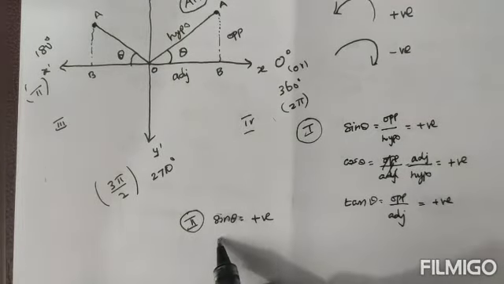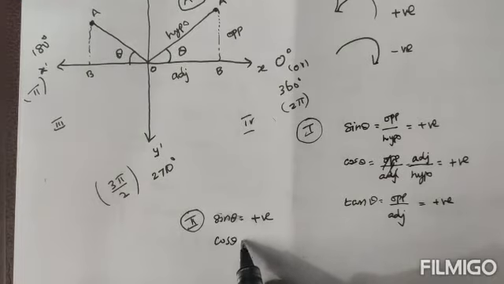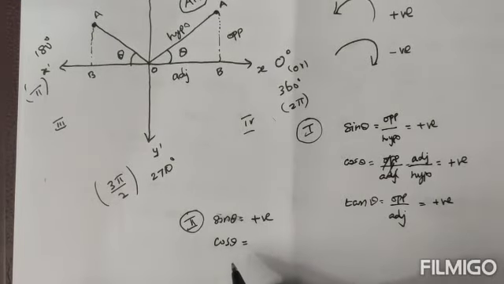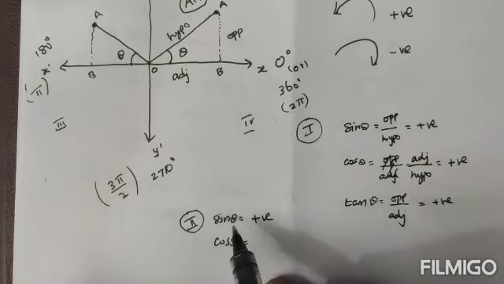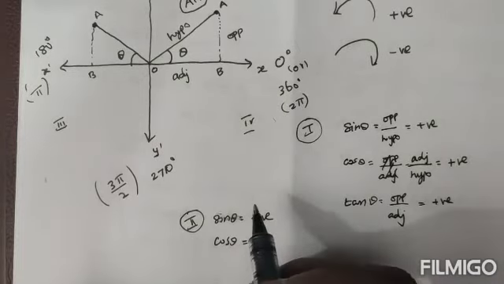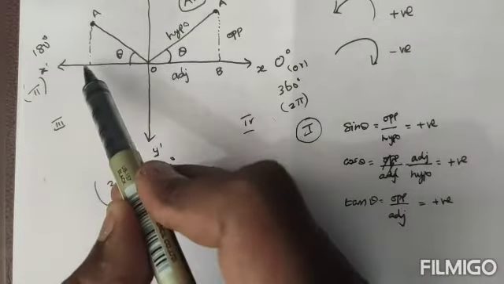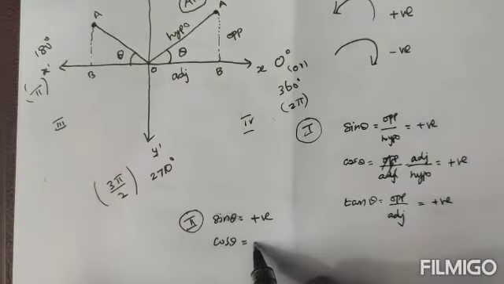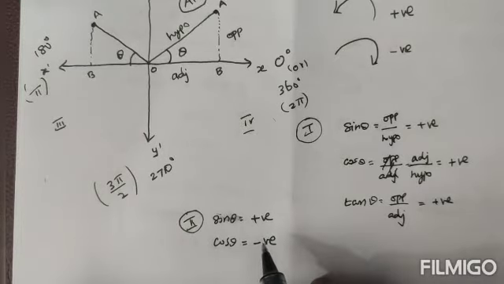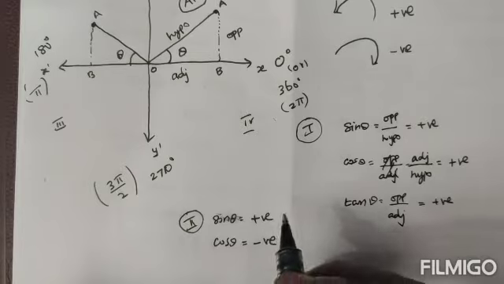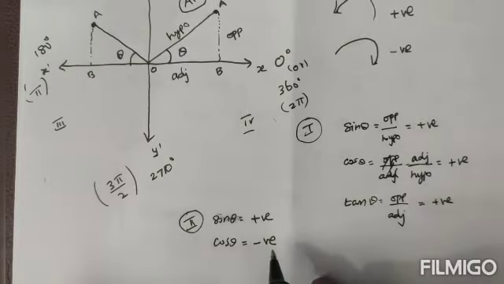Next let's see the cos theta value. So the cos theta formula, you know, that is adjacent divided by hypotenuse. So adjacent means here negative x-axis will come, so it should be negative. So cos theta negative, so its reciprocal value secant theta also negative.